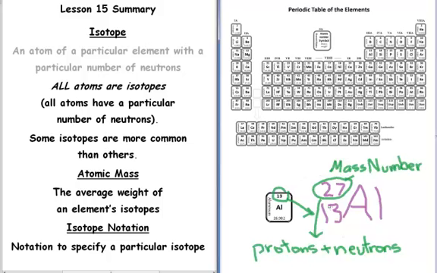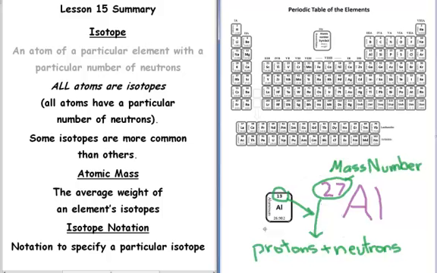Quite often we will see the isotope notation without the atomic number, because that can easily be figured out simply by looking at the element symbol. Notice that this isotope notation is referring to an atom, not an ion.